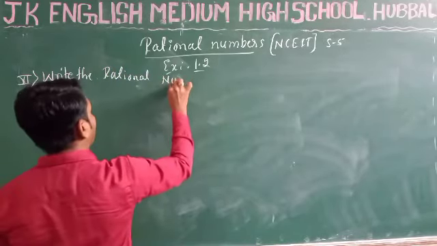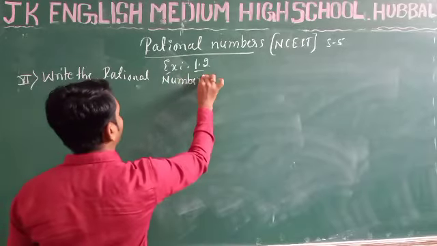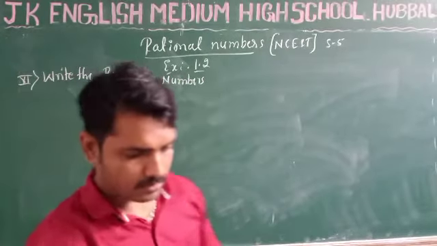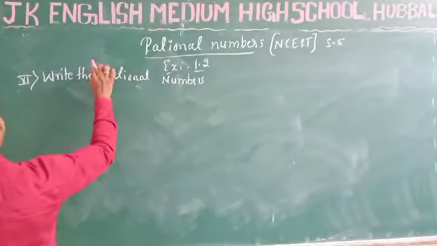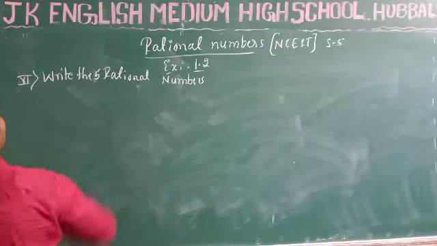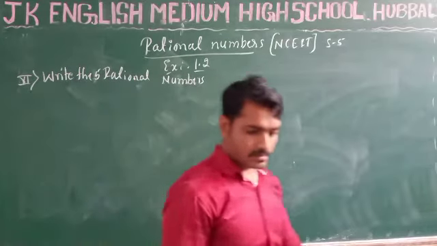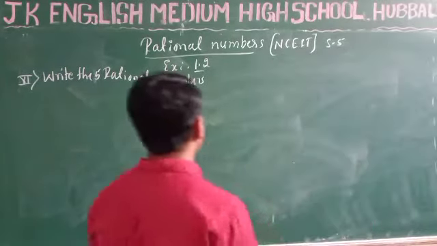Write down rational numbers. Write the 5 rational numbers greater than -2.